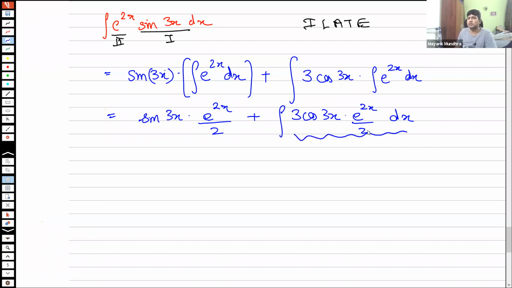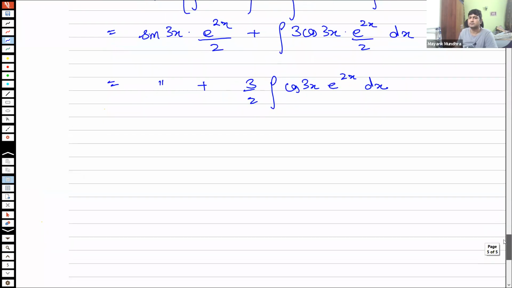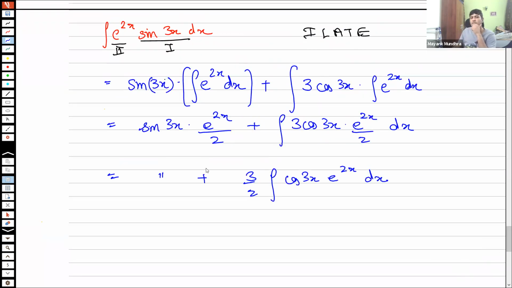Now again, I'm stuck with the ILATE thing here. So this is 3 by 2 times integration of cos of 3x into e to power 2x. So I'll again apply ILATE. According to ILATE, again, this should be my function 1, this should be my function 2. So let's just focus on this integration.